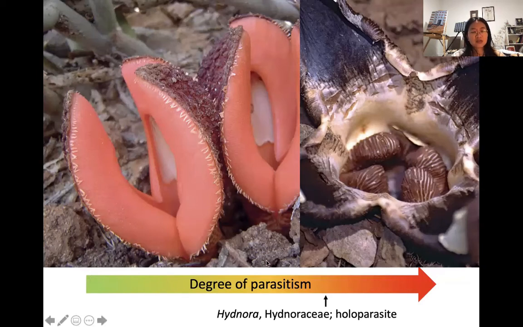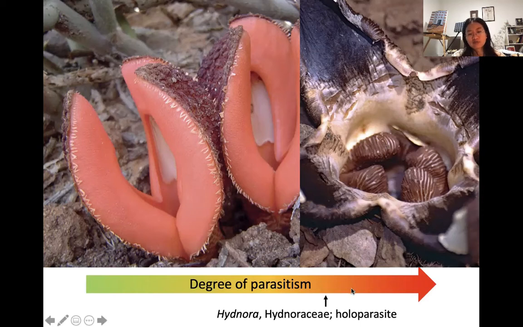This is a plant that you can find in desert, dry areas in Africa, both South Africa and Namibia. And it has completely lost its ability to conduct photosynthesis. It's deeply dependent on its host.